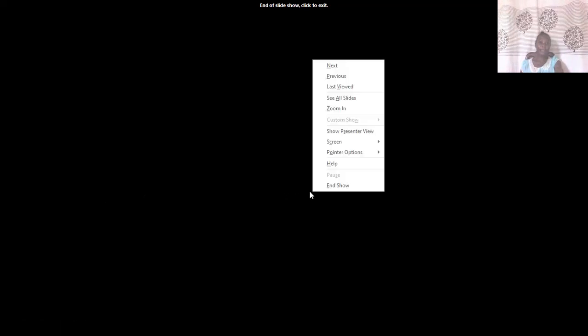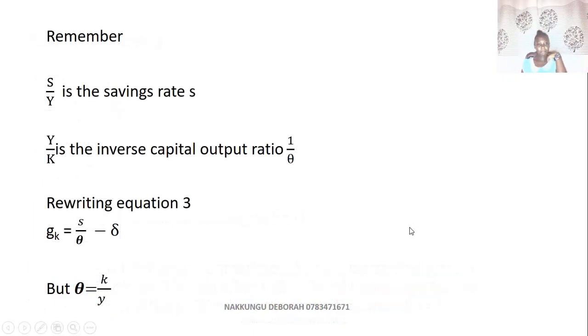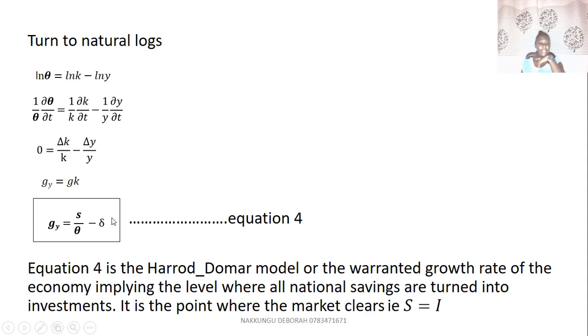The same means that if a country has an inefficient level of the capital output ratio, the less that given country will be growing.